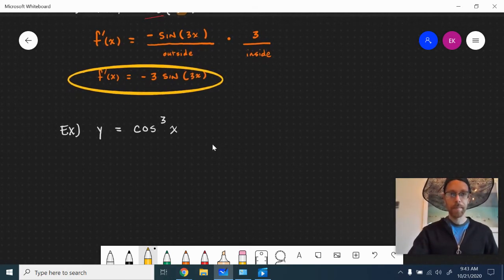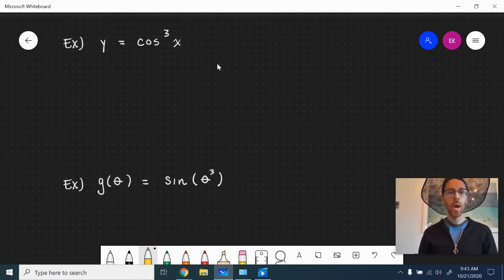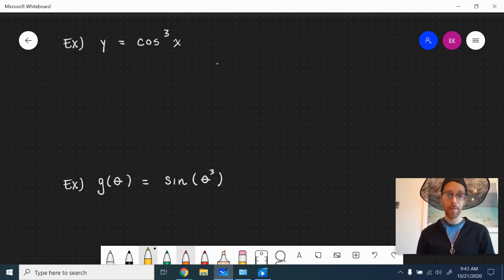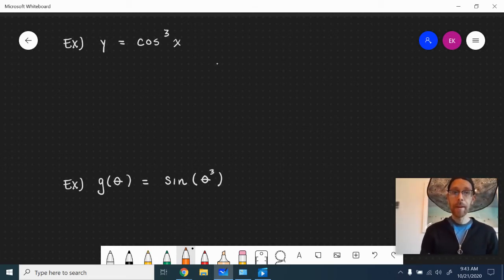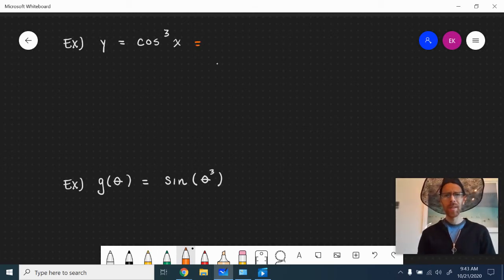Next one. Y is equal to the cosine cubed of x. Now, funny thing about math notation on this one, that 3 right there is kind of tricky. The 3 is the outside function, because what this really means is something cubed, where that something is cosine x.